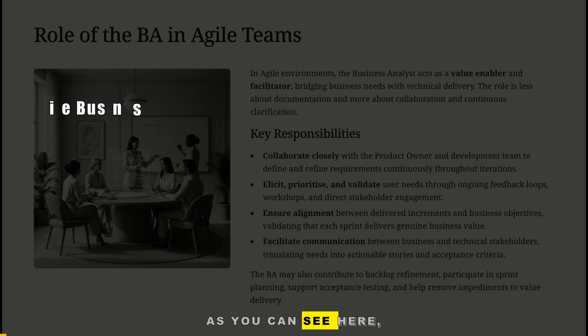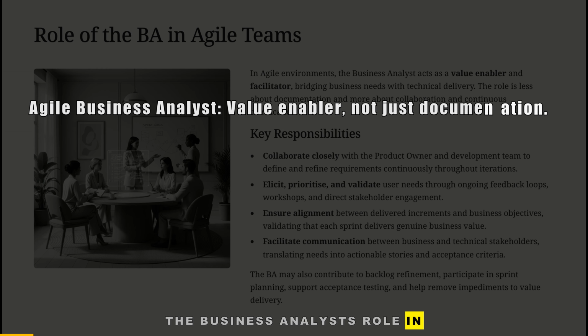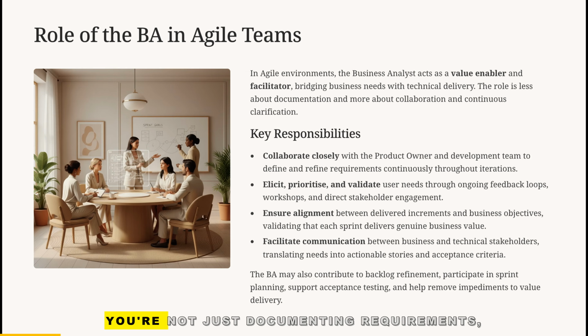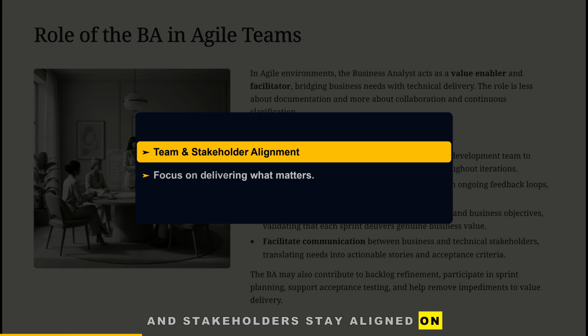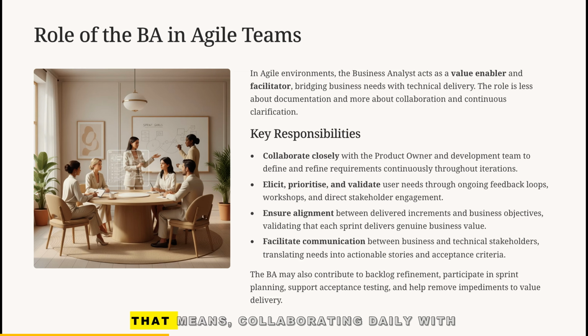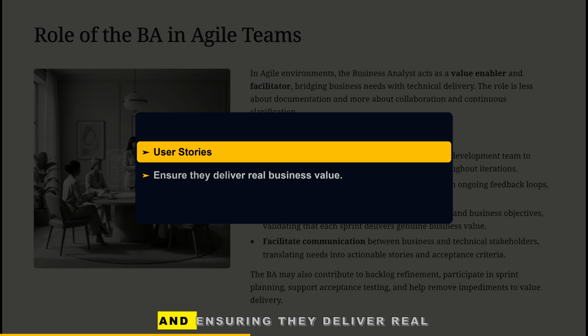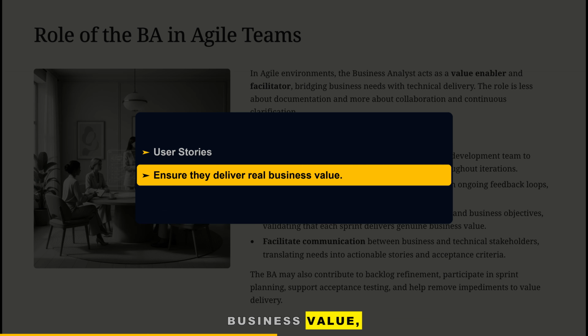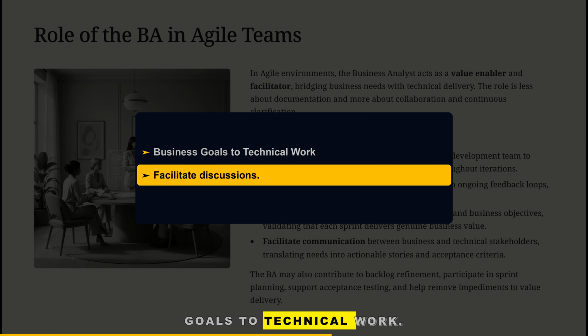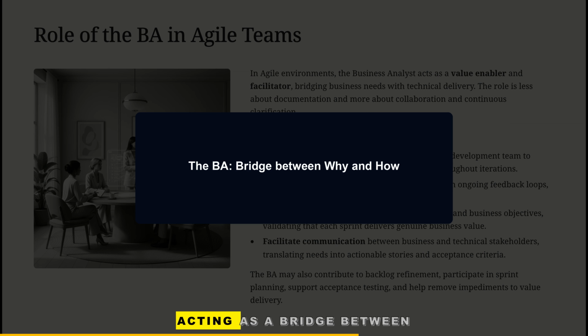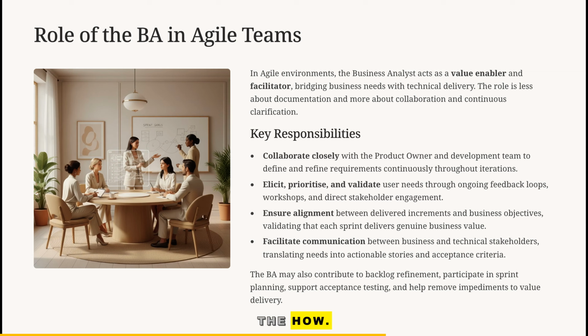As you can see here, the business analyst's role in Agile is dynamic. You're not just documenting requirements, you're enabling value. You help the team and stakeholders stay aligned on what truly matters. That means collaborating daily with the product owner and developers, clarifying user stories and ensuring they deliver real business value, facilitating discussions that connect business goals to technical work, acting as a bridge between the why and the how.